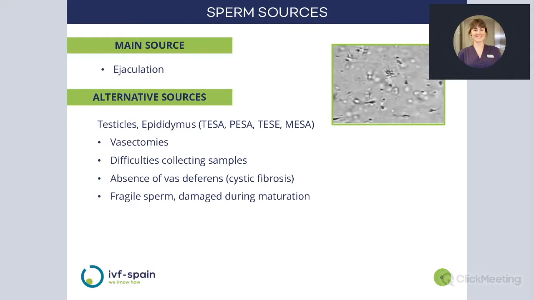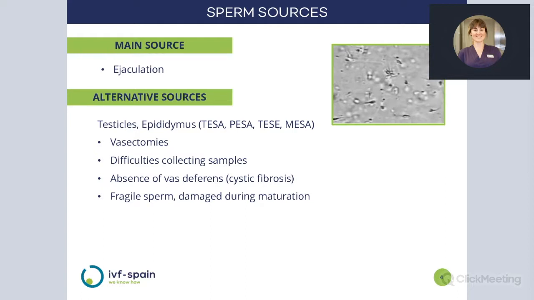These alternative sources are the testicles and the epididymis. Sperm cells are produced in the testicles in a process that lasts around 2.5 months, 3 months. And these sperm cells then later mature in the epididymis. We can extract sperm cells from there directly by aspiration with a needle or by a little surgery.